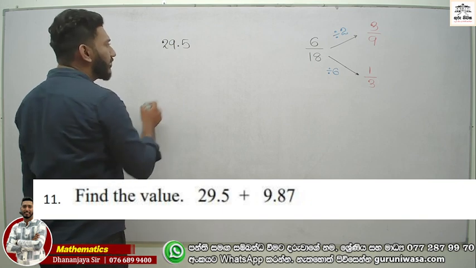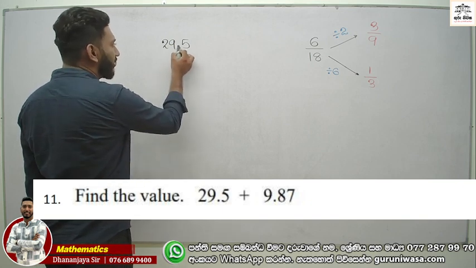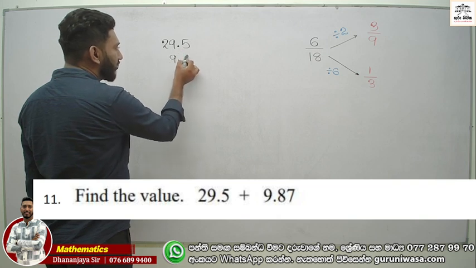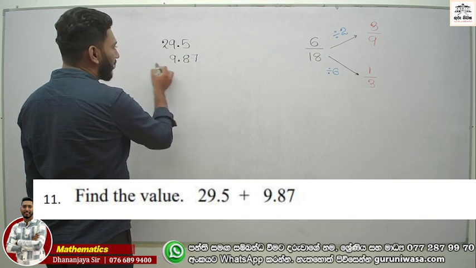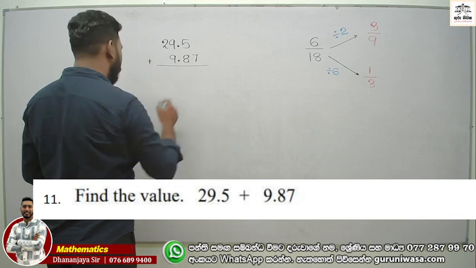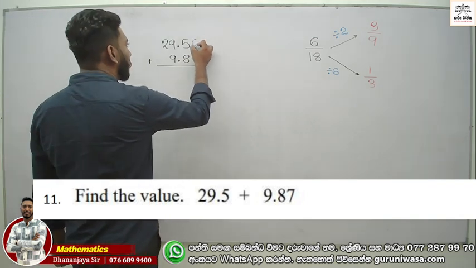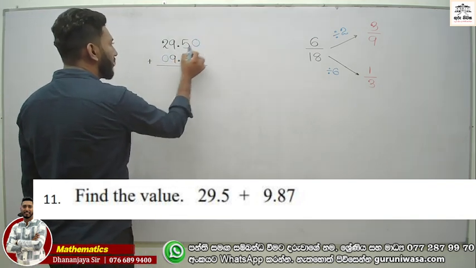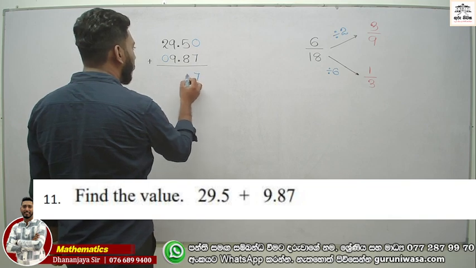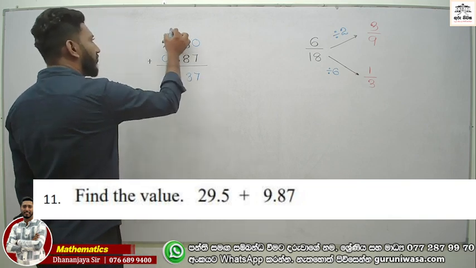And the 9.87, look, the point is here, 9.87, like this. Now you can add. How to add? 7 and 0, 7. 5 and 8, 13, 1 remainder.